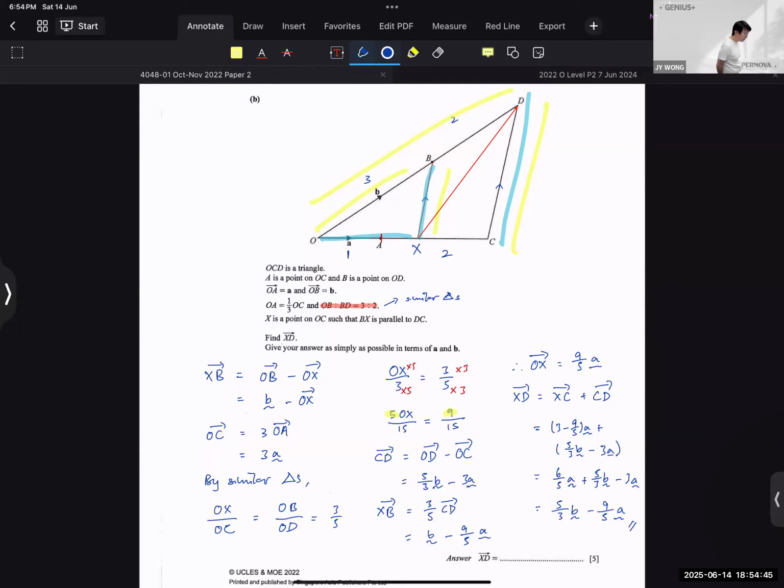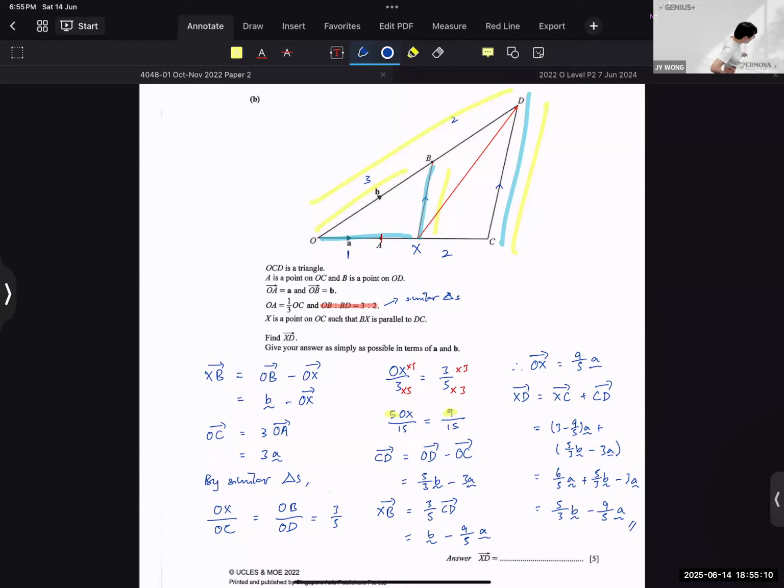And once you find XB, you can find OX, because XB is equal to OB minus OX. And from there, you can find OX. And then once you find OX, you can find what is XD.